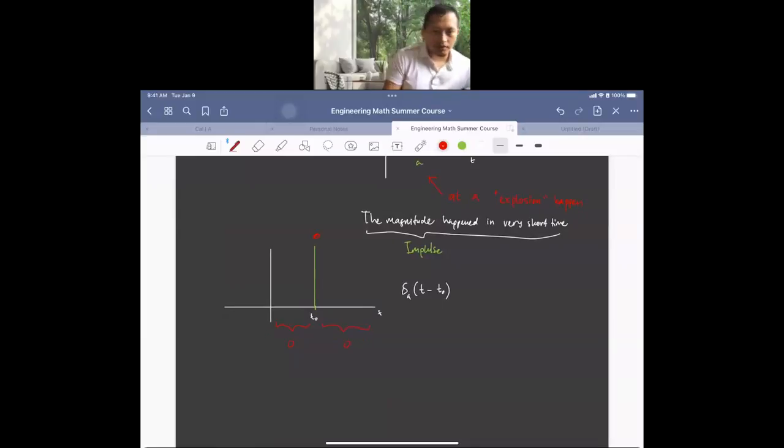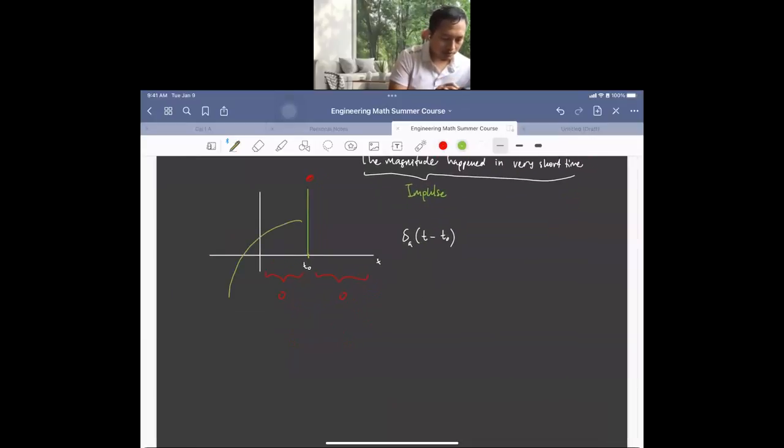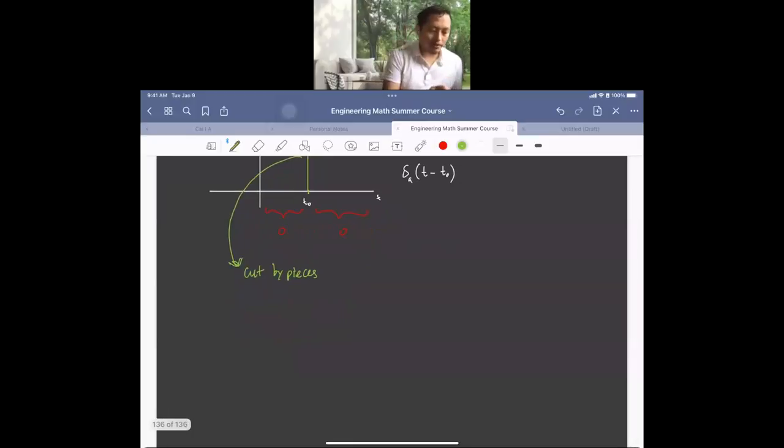If we take this green line and cut it into pieces, like we do in integration, let's make it like a rectangle.